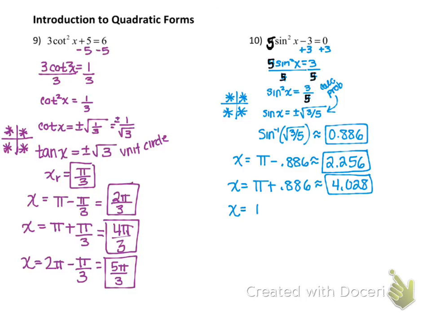And then 2 pi minus 0.886 gives you 5.397. So I have quadrants 1, 2, 3, and 4. So that's the difference between the linear and the quadratic forms of trig equations.